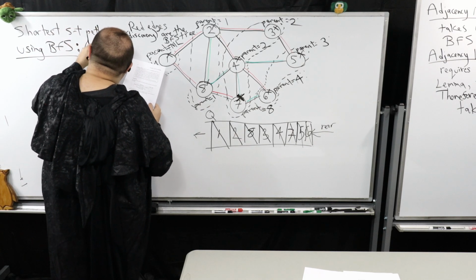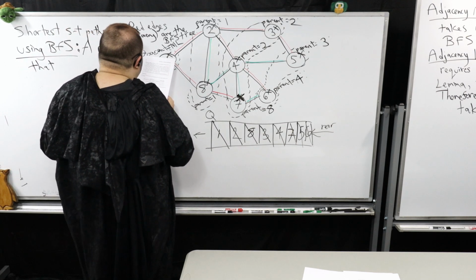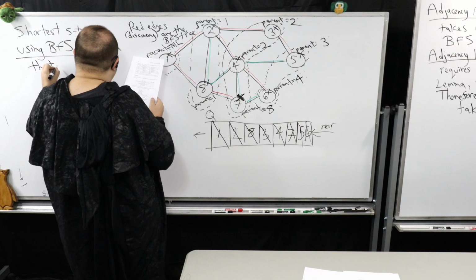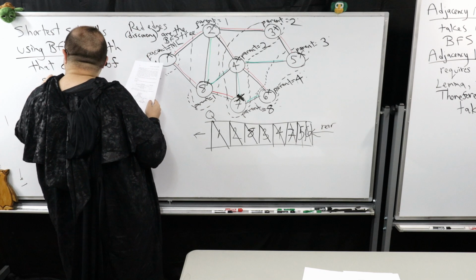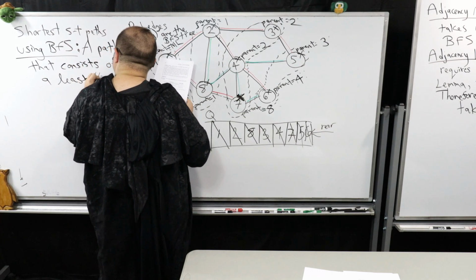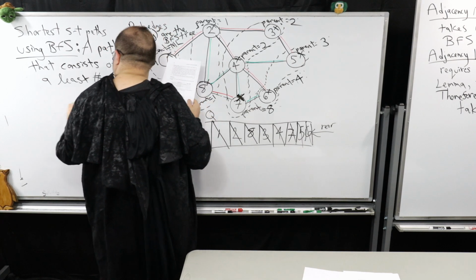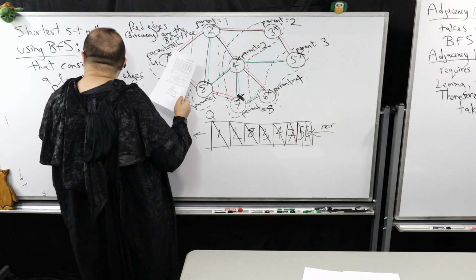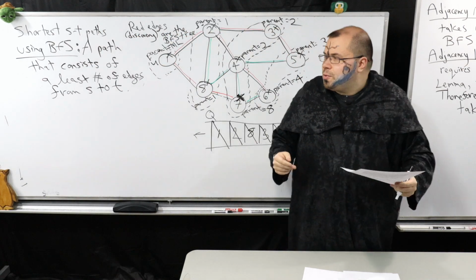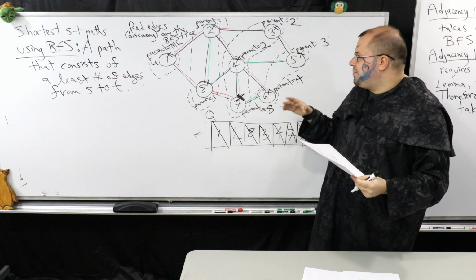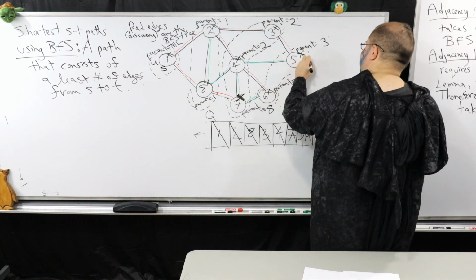This is a path that consists of a least number of edges from S to T. If you pick S and T, just like when I talked last day about pathfinding, this is the S and T I'm referring to. You would have designated an S and a T, so for example, you would have something like S and T like this.